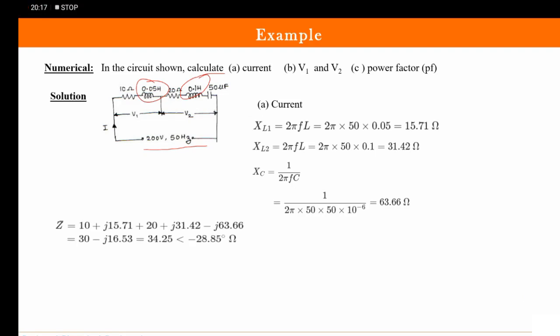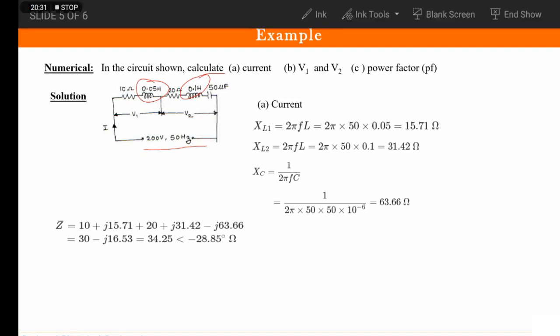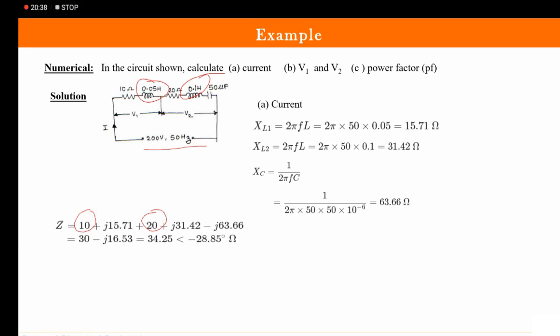Okay, now we'll write the impedance. Now we know how to write impedance, right? So we have to add all the imaginary parts and the real parts separately. Here we have two resistances, so 10 and 20, they denote resistance. Now what is plus J 15.71?